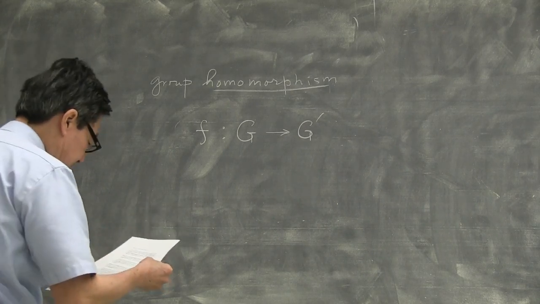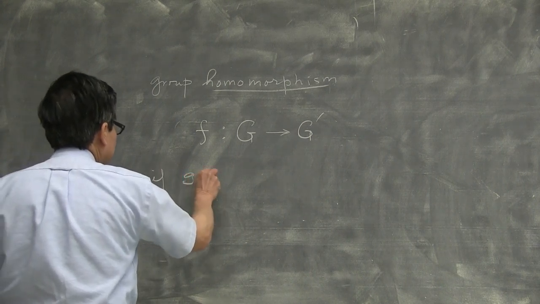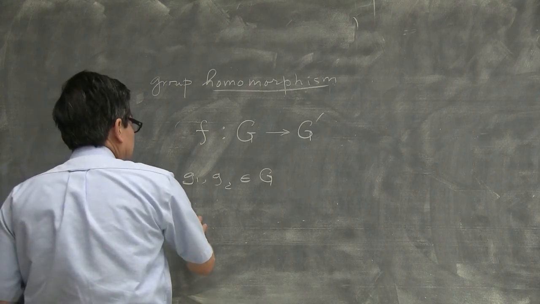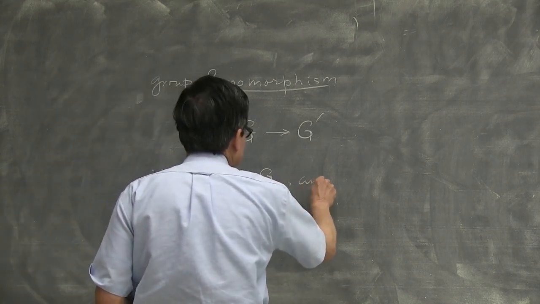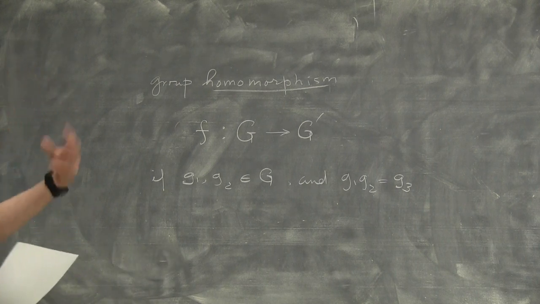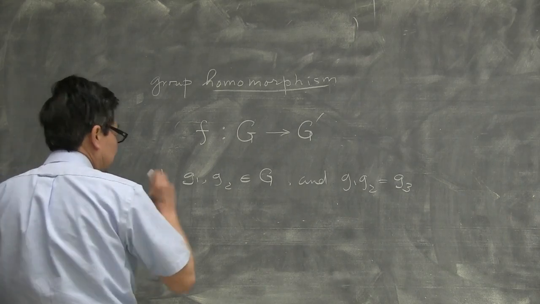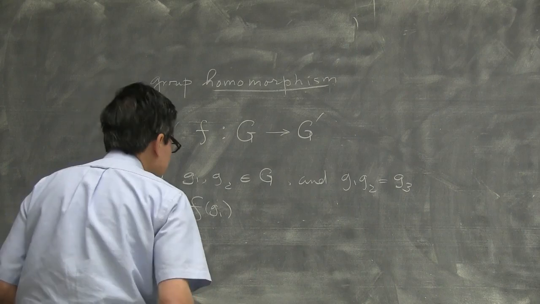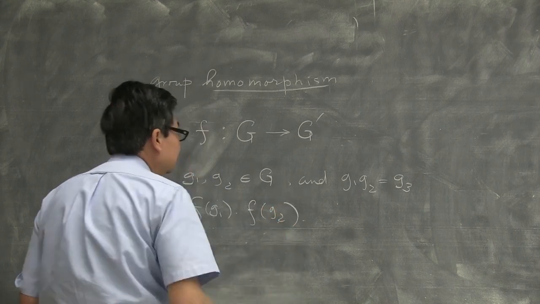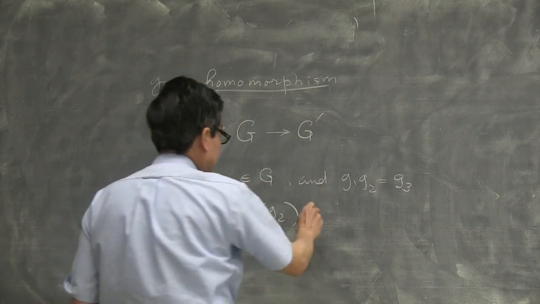But it has to satisfy the so-called preservation of structure property, which says that if G1 and G2 are any two elements in the first group G, and the product G1 G2, written in this order, is equal to some other element, let's say G3, in the same group G, then it has to be true that f of G1, which now becomes something in this group, multiplied by f of G2, which will be something else in this group, and it makes sense to talk about the multiplication between those two things since this is a group, and guess what?